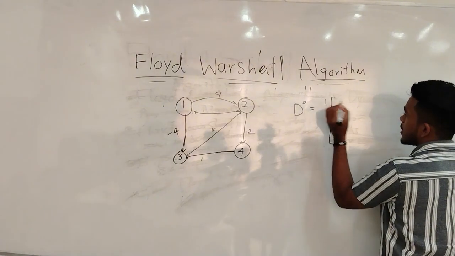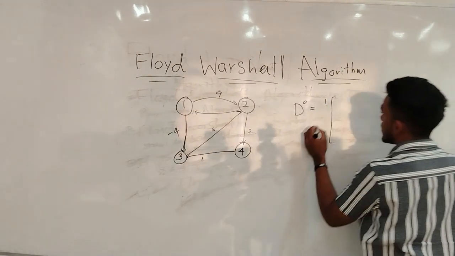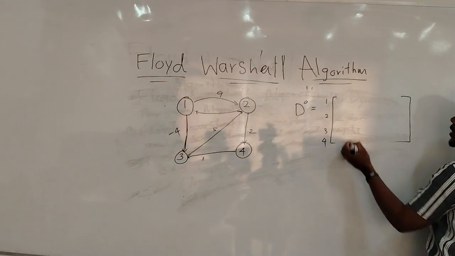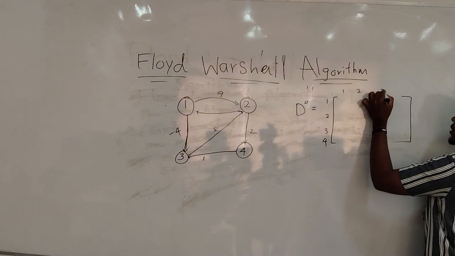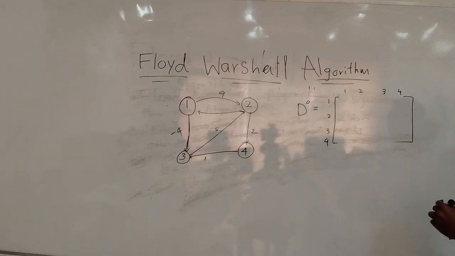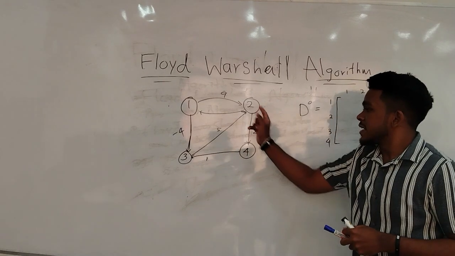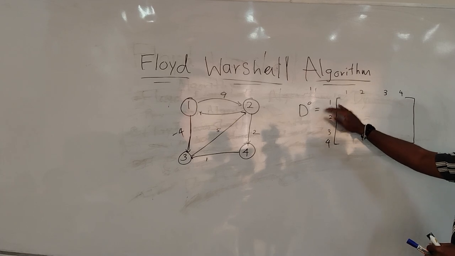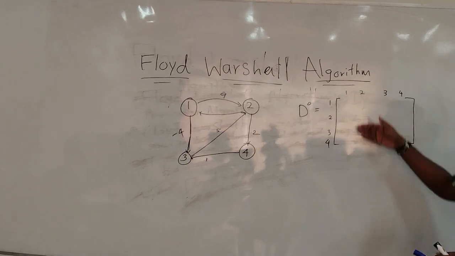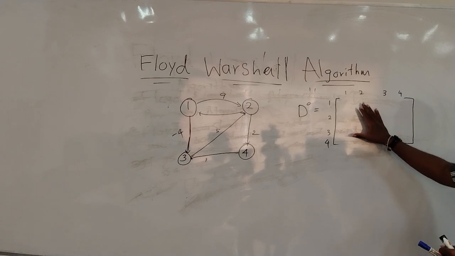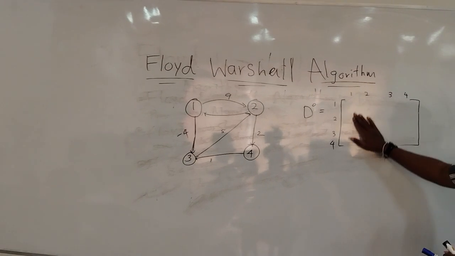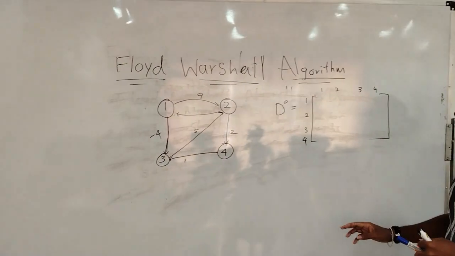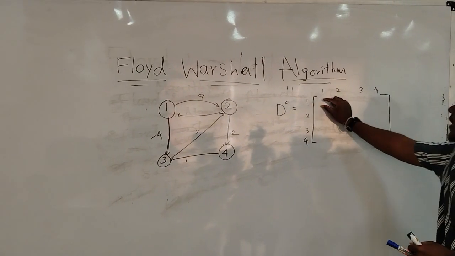And I name them according to the vertex names, 1, 2, 3, 4. So I have marked the vertex names row wise and column wise. Now I am going to complete this. First step, the diagonal.